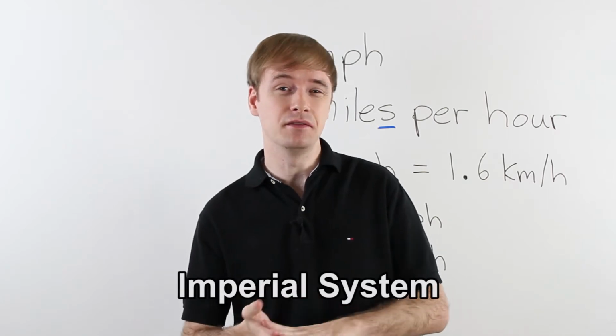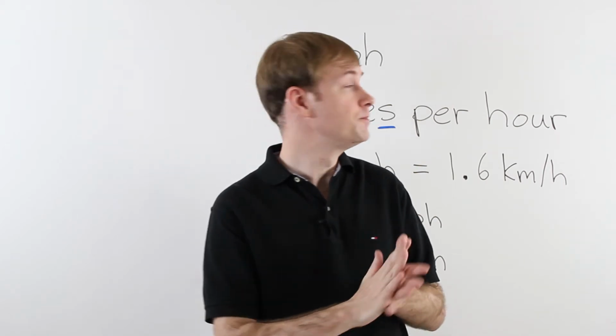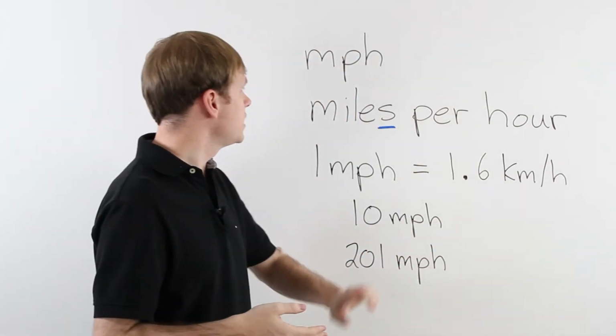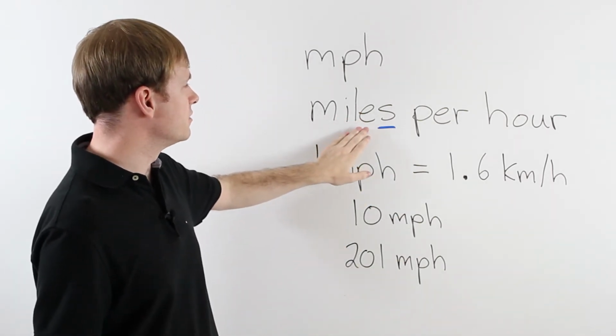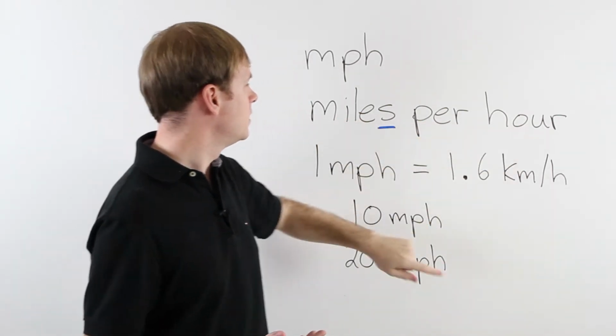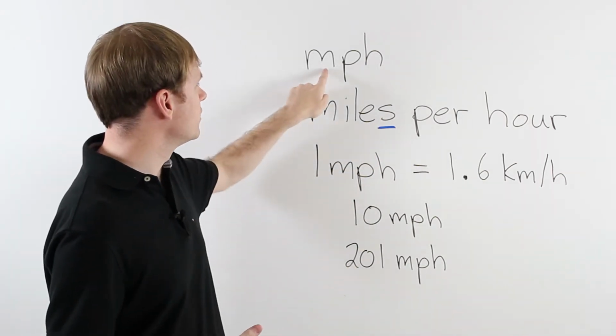Okay, let's talk about the imperial system. Again, the imperial system is commonly used in America, and you might see it in England too. They're going to use mph, which is miles per hour. Again, we have to say miles per hour.